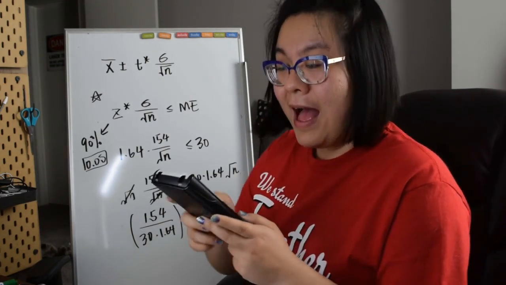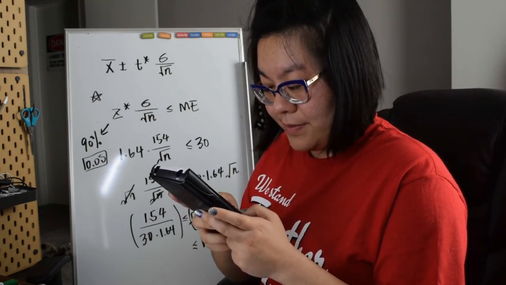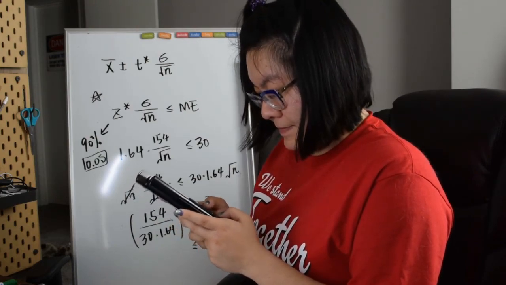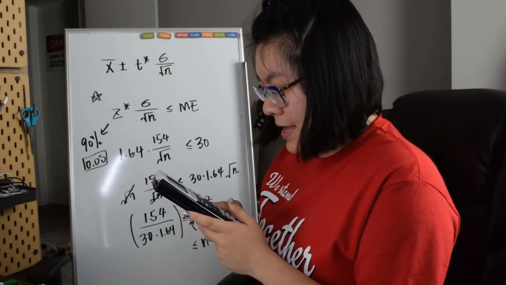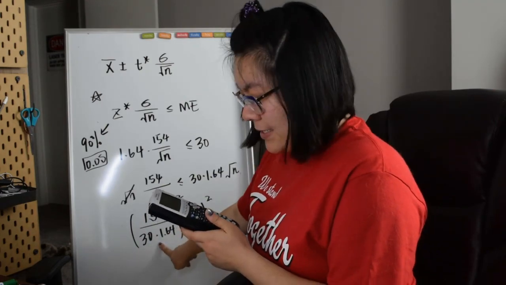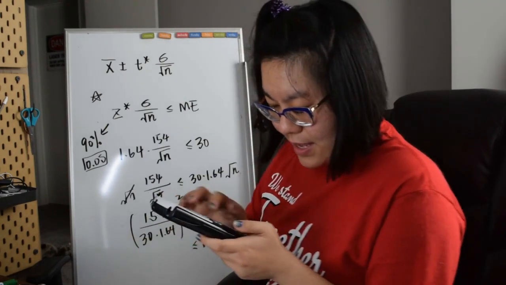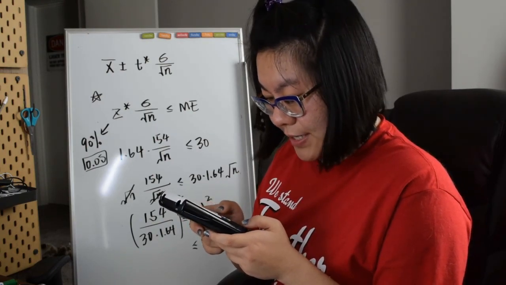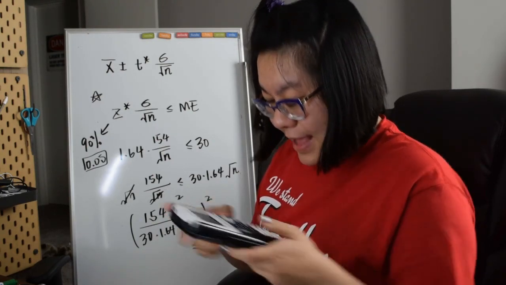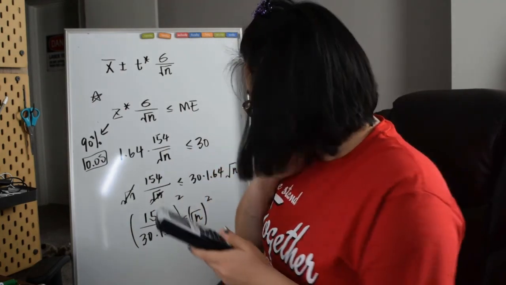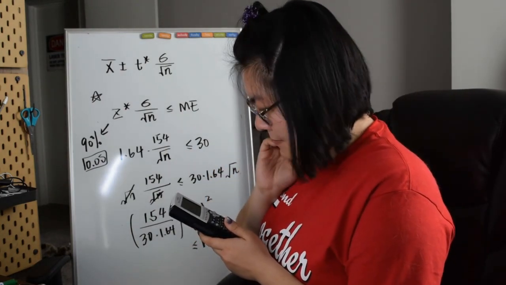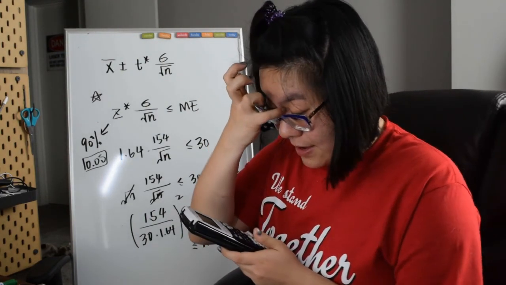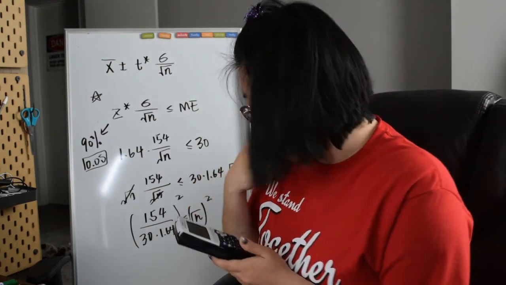Oh, I inserted something wrong. Okay, and then this answer is actually 3.13 something, and I'm gonna square it. Of course, you can do the whole thing together, okay? I have 9.79, which is a weirdly small number.